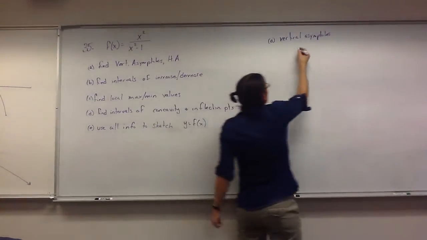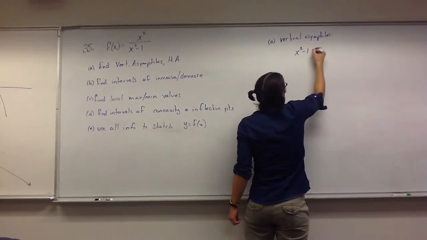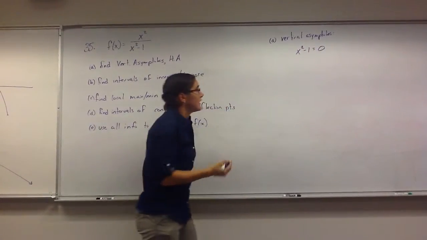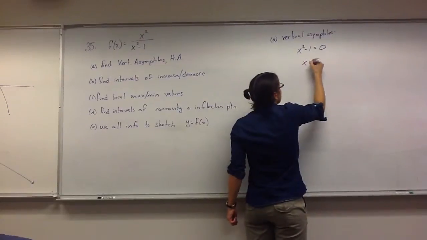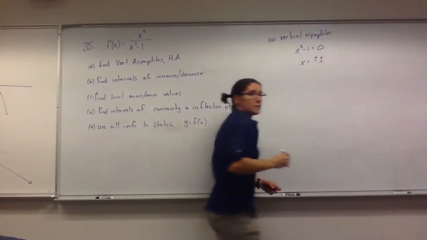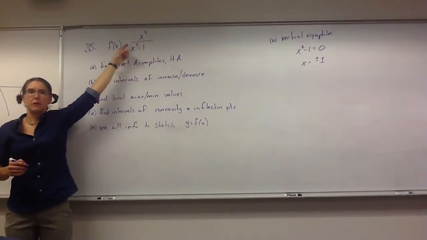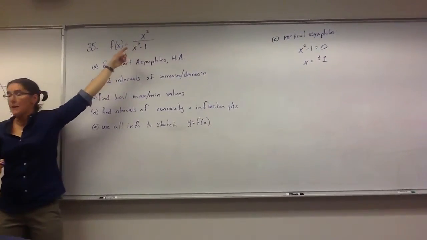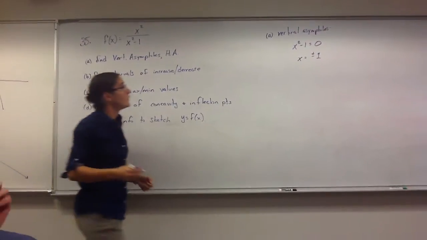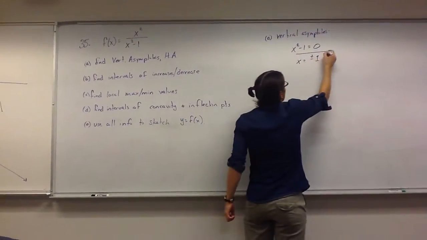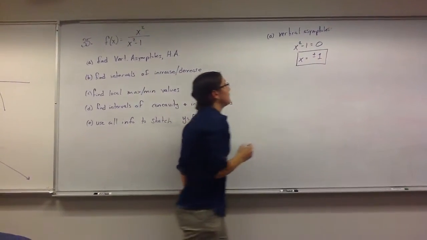In this case, our denominator is x squared minus 1. If we set that equal to 0, we can solve for x, and we get x is plus or minus 1. Those x values do not make the numerator equal to 0, so we're definitely talking about vertical asymptotes here. So these are our vertical asymptotes, x equals plus and minus 1.